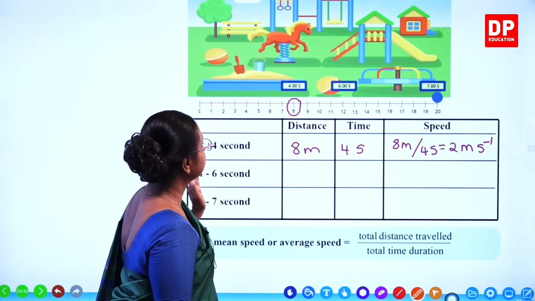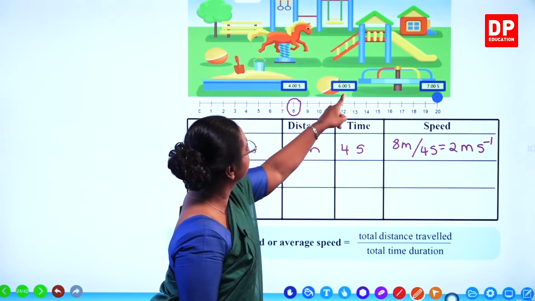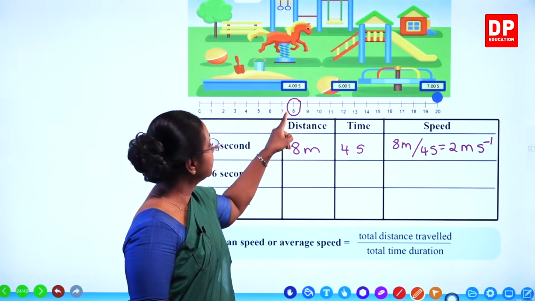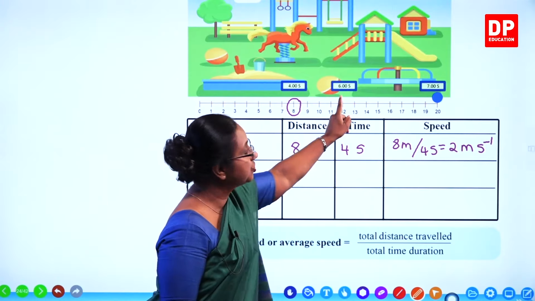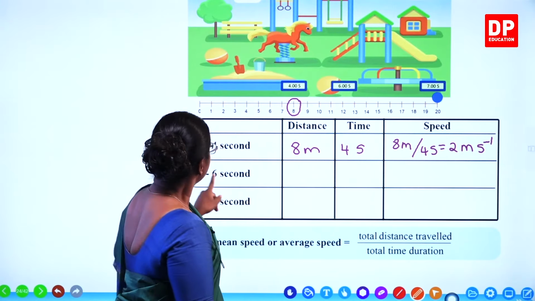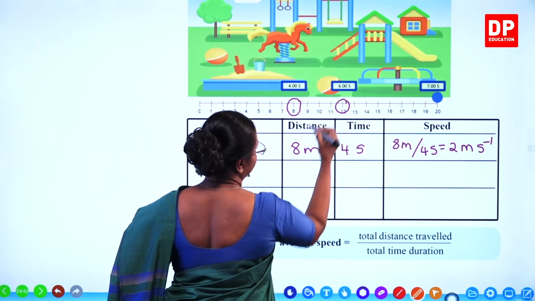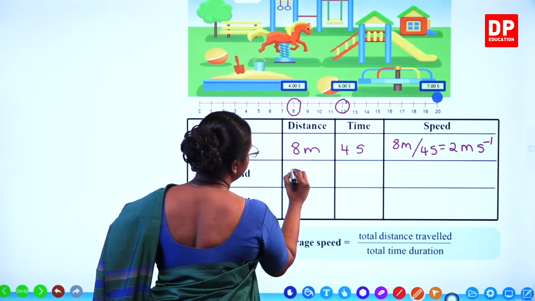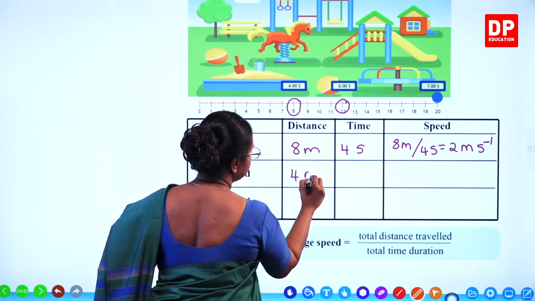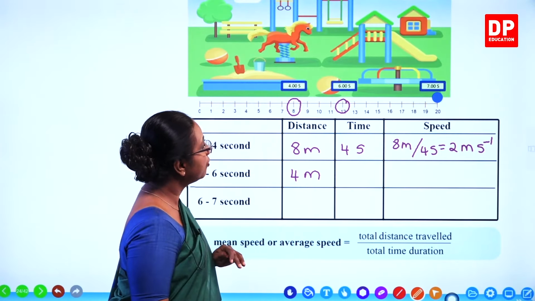The second instance is from this point to this point where the time changes from 4 seconds to 6 seconds. So, the distance changes from 8 to 12. So, here we have a distance traversed that is equal to 4 meters.